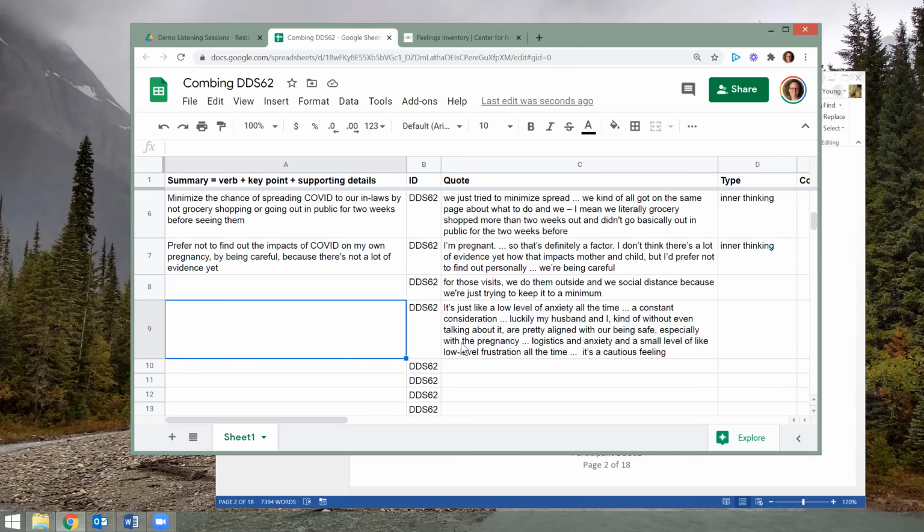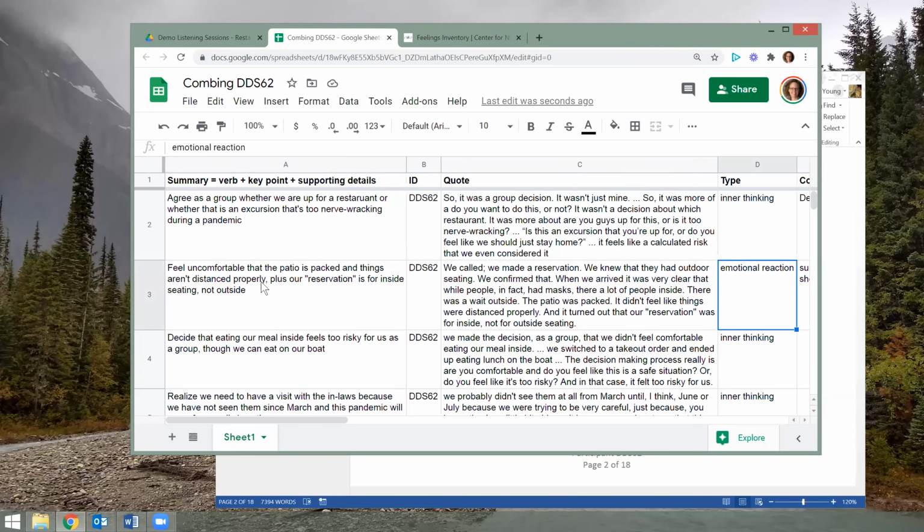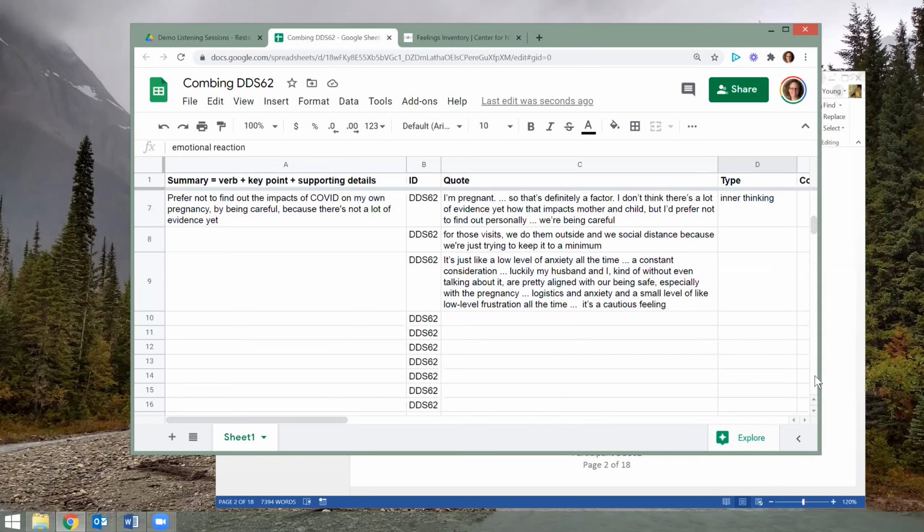Okay, so now one thing about using the word feel: when you're summarizing an emotional reaction, like this one, we're feeling uncomfortable. When you use the word feel, you have to have an emotion right after it. It can't be feel like or feel that, because those are opinions or preferences. Those are not emotions. So here, what is it that we're feeling?